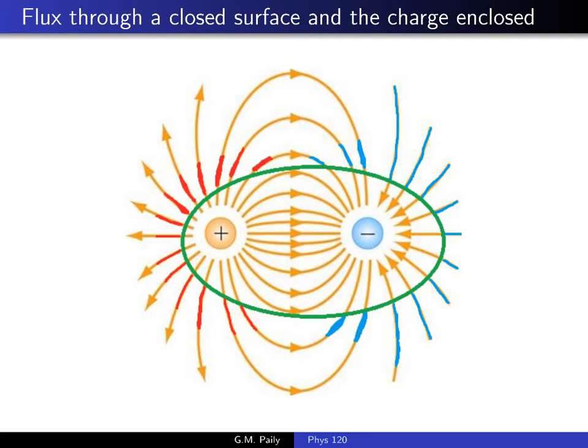If we count, and feel free to pause the video and check for yourself, we find that there are 14 field lines entering and 14 field lines exiting. Since the number of field lines entering and exiting are the same, the total amount of flux is 0, which corresponds with our total enclosed charge of 0.